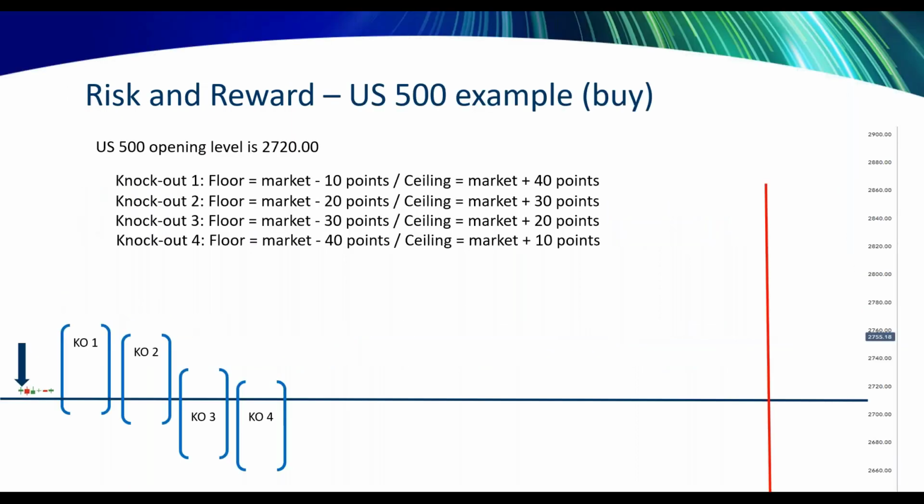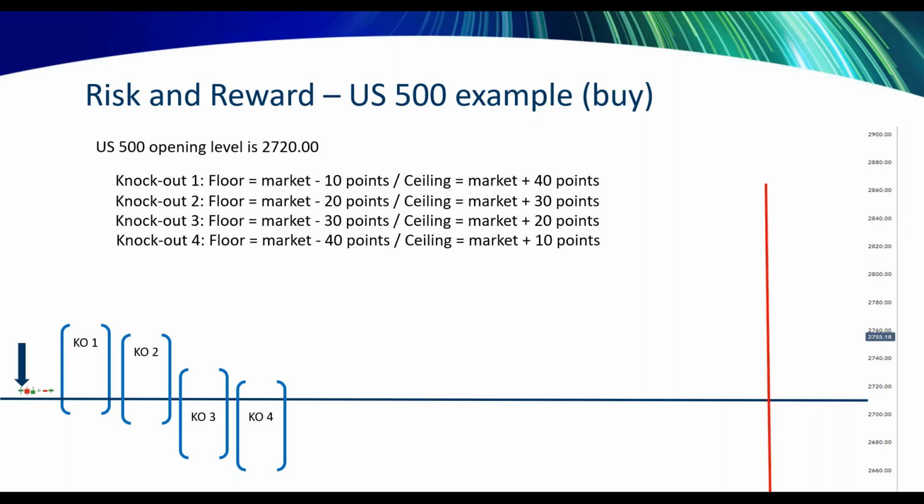Now, I do like to also go through an example of buying and selling with a slightly different visual to it, because when you're choosing which knockout you're comfortable with, it's about identifying the risk reward ratio.